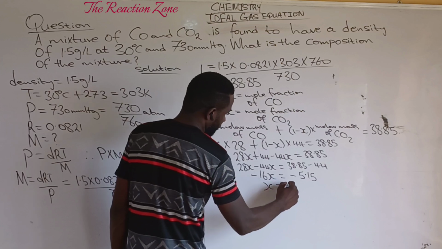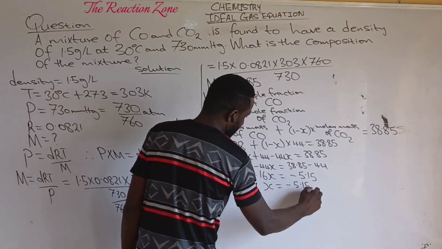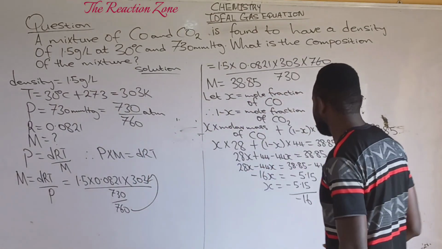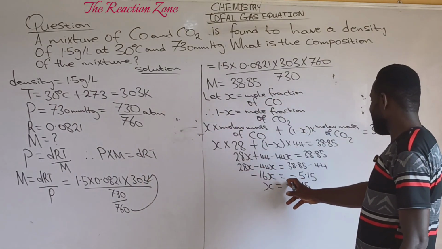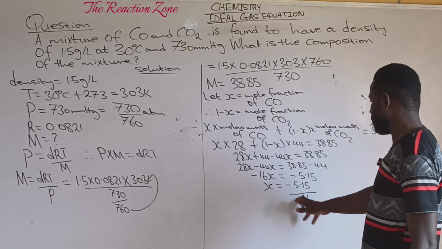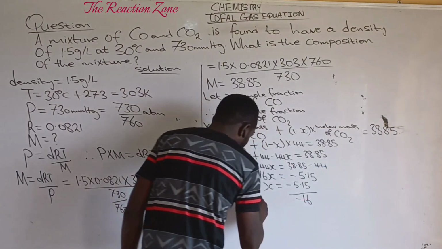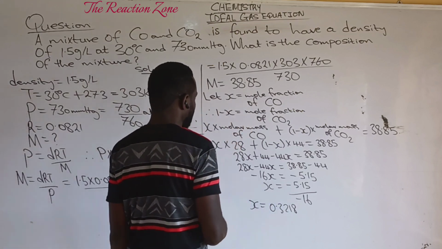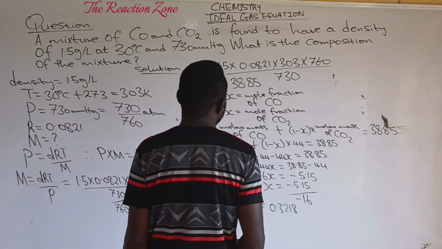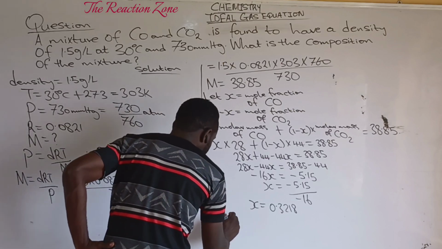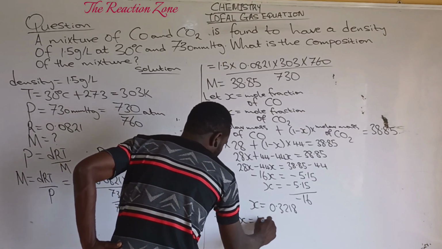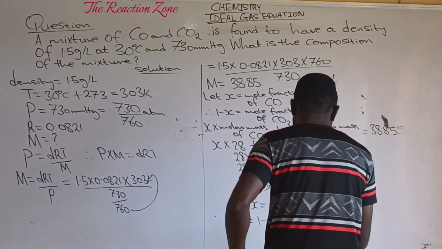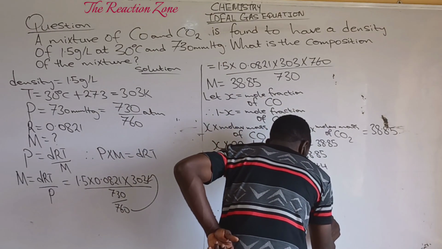So x will become minus 5.15 over minus 16. Don't forget that minus divided by minus gives you plus, so they will cancel out. And the value of x here will be 0.3218. If the value of x is 0.3218, it therefore means that 1 minus x will be 1 minus 0.3218, which is going to give us 0.6782.